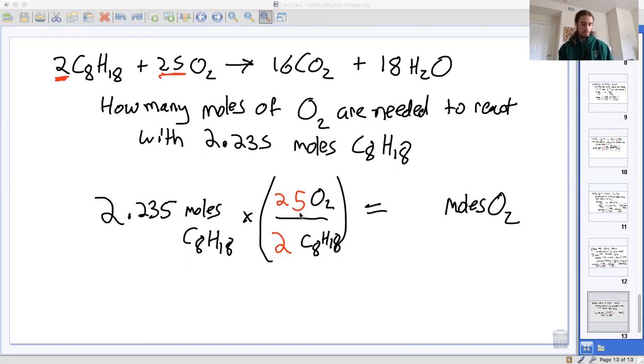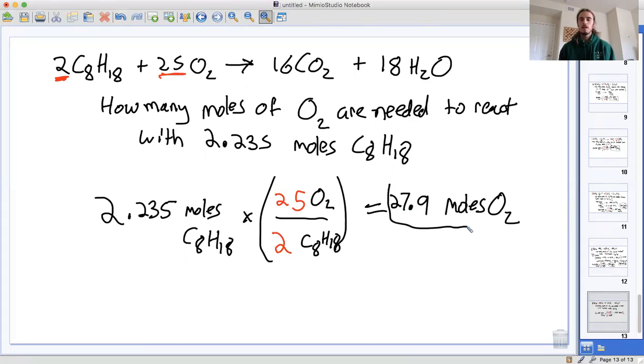So that's going to be about 27.9 moles of O2.